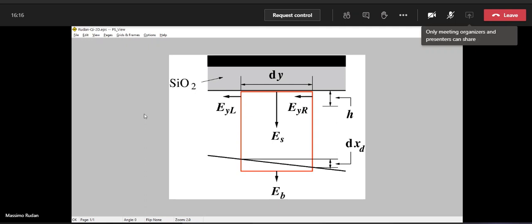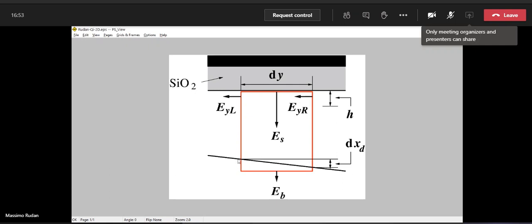So in the real MOS capacitor by itself, we have only one possible component of the electric field, that is the vertical one, because the device is strictly one-dimensional. In this case, we have two components. So in this figure, we have that the edge of the space charge region is bent. It is the thick line with some slope here, okay?